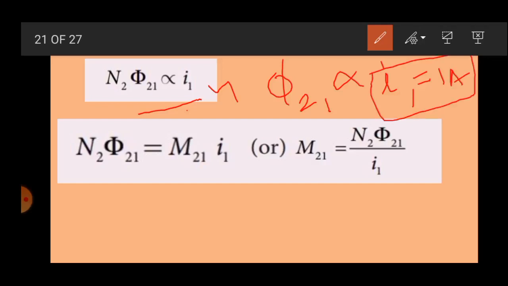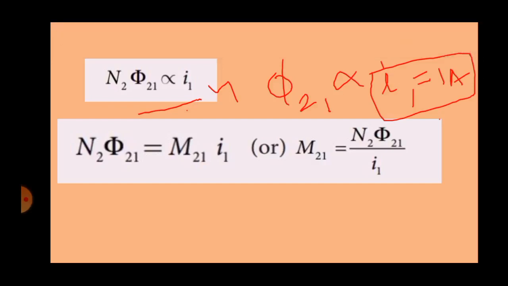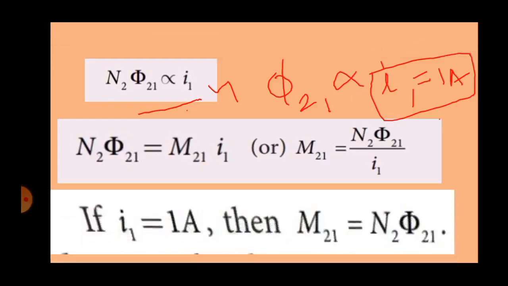This current produces a magnetic field. Changing magnetic flux is linked with coil 2 when 1 ampere current flows through the circuit because of coil 1. Therefore, mutual inductance M21 is equal to N2 phi 21.